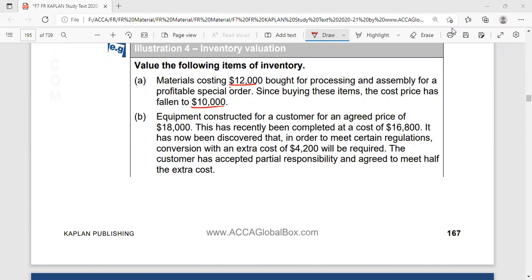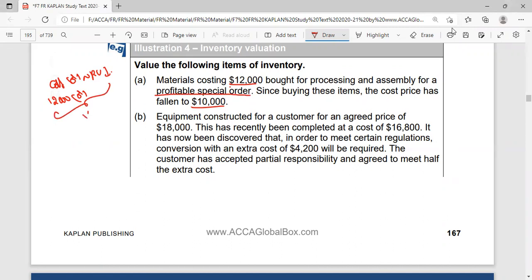Generally inventory is valued at cost or NRV, whichever is less. Here cost is 12,000, but NRV is not stated in the problem. However, it is clearly stated that it is a profitable special order. Generally, in the case of profitable orders, NRV is more than cost. So we have to value the inventory at 12,000.